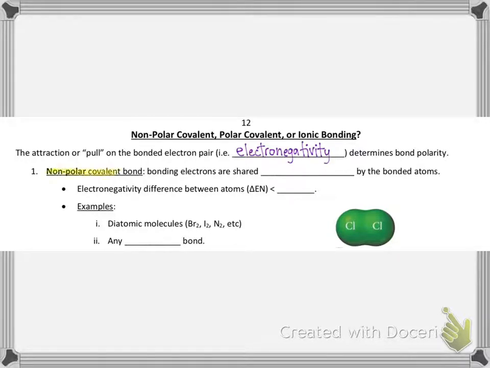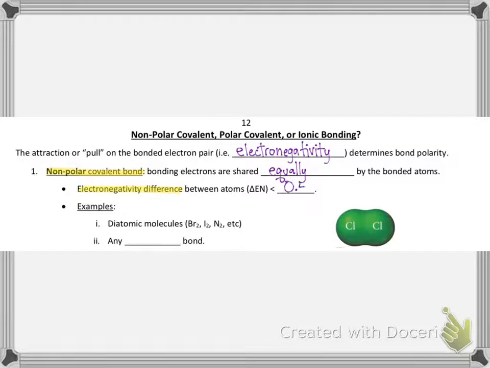Now, a nonpolar covalent bond is what you call it when the bonding electrons are being shared equally. This only happens when you've got a very small electronegativity difference. Now, electronegativity is measured in a unit called a Pauling, but oddly enough, it doesn't have a unit attached, a number, I guess.